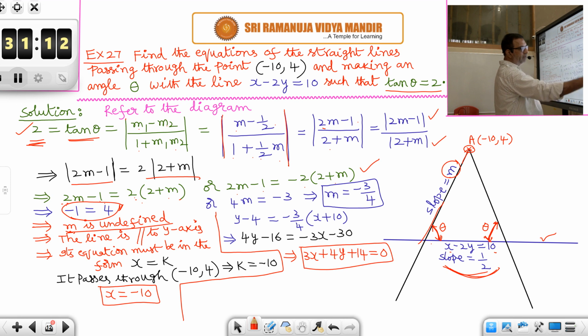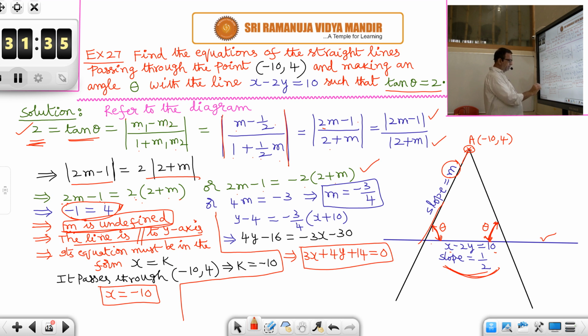From the diagram, two lines must be there making the same acute angle theta. But one line you are not able to find, so m must be undefined. So always you take it like that. M is undefined means the line is parallel to the y-axis. That is why you are not getting the slope there.